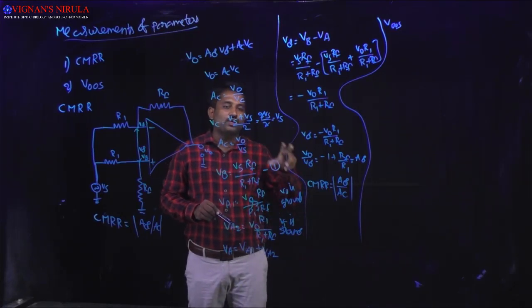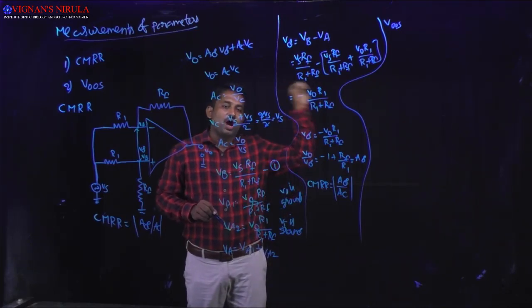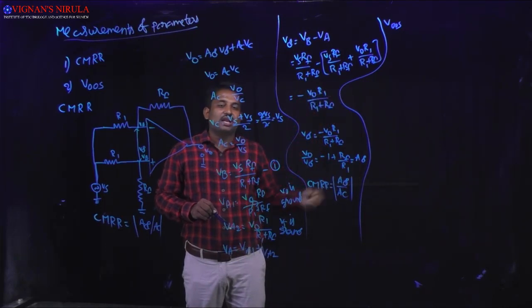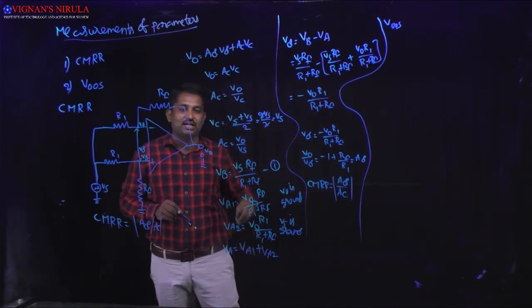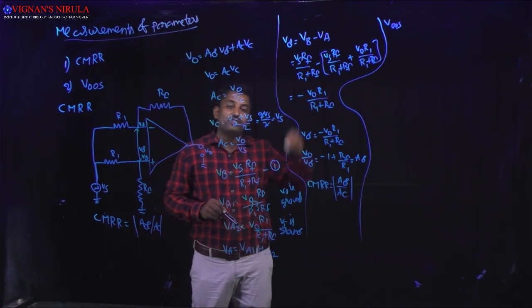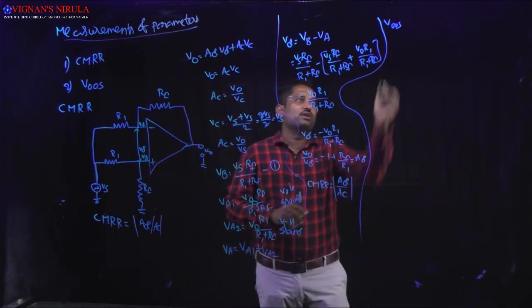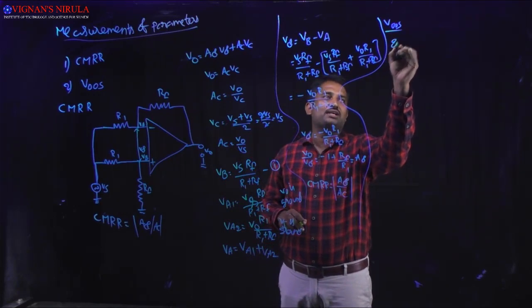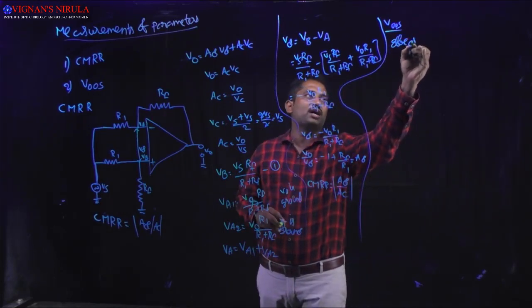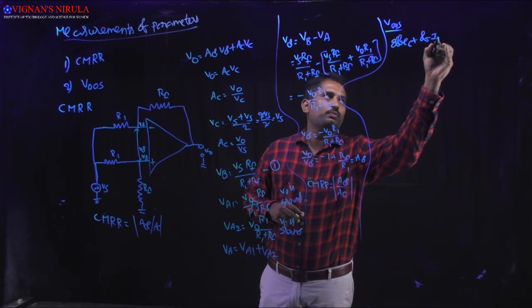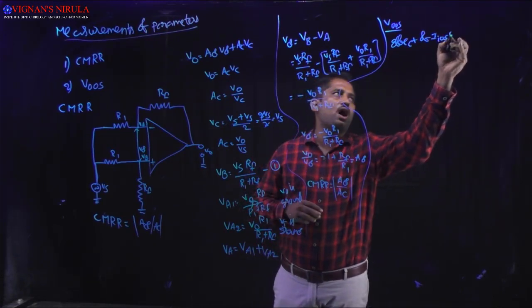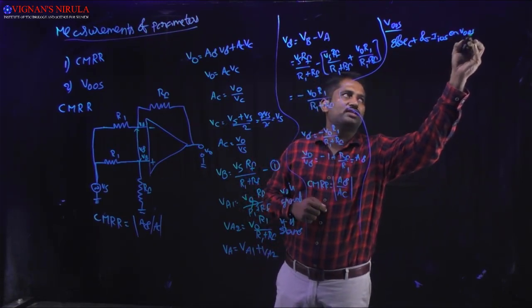First I am going to find out the effect of input offset current on output offset voltage. Later on I will calculate the effect of input offset voltage on output offset voltage.